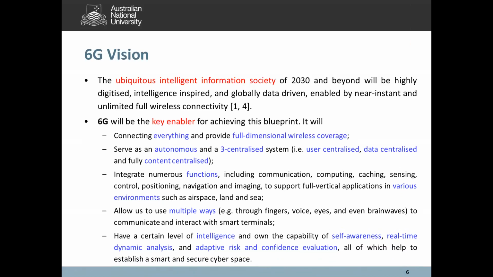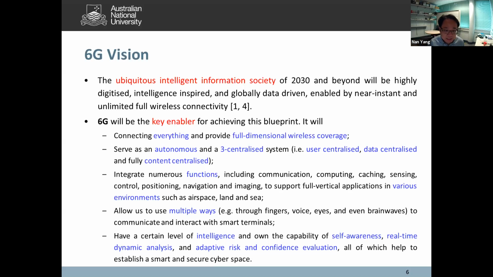And by doing so, 6G would be expected to provide a large number of benefits that we cannot currently realize using 5G. And we have gathered the information here. For example, 6G will connect everything and provide full dimensional wireless coverage. 6G would serve as an autonomous and user-centralized system, focusing on the user's requirements, on the data, and also on the content or the value of data.